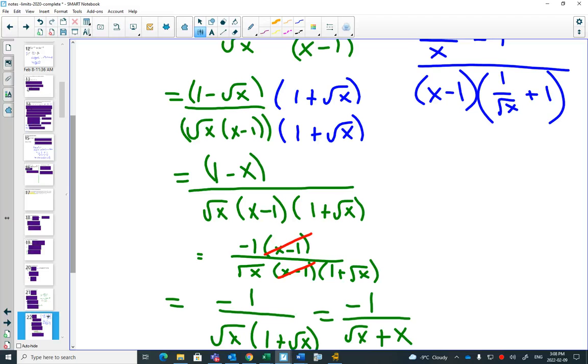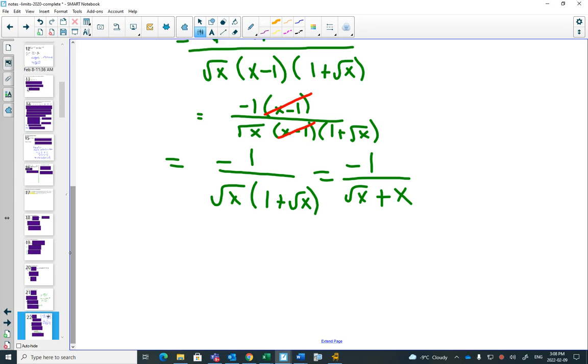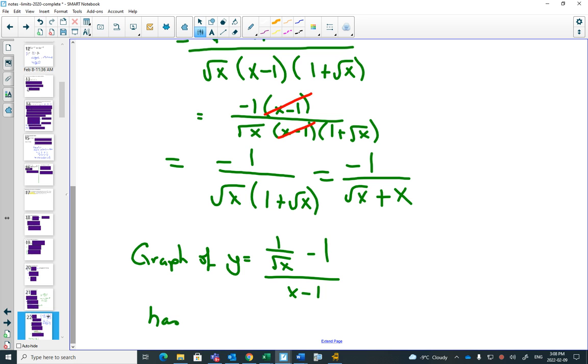And because your x minus 1 is the non-permissible value that cancels out, this graph, what was the original equation? 1 over root x minus 1 over x minus 1 has a hole at 1 comma. Because the x minus 1 canceled out, that non-permissible value will result in a hole.